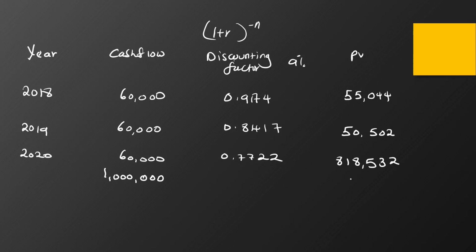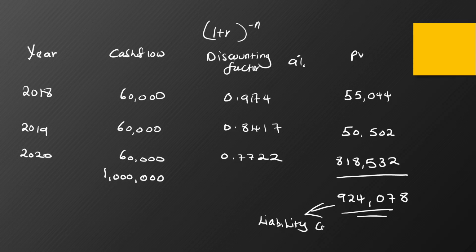I can go ahead and add all the three, and that is giving me 924,078. Now this is what we are referring to as the liability component.